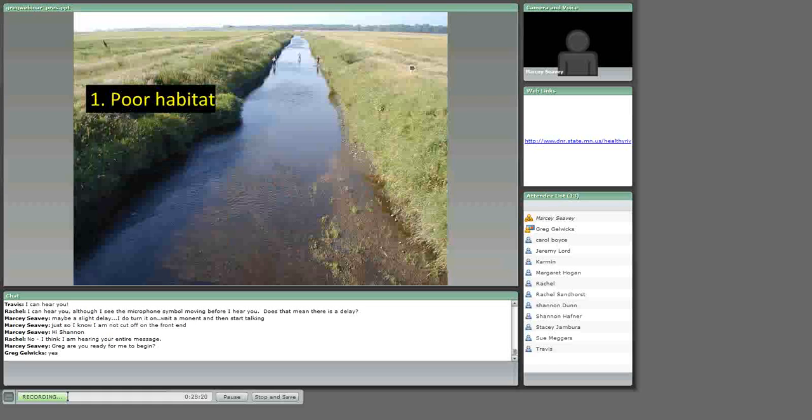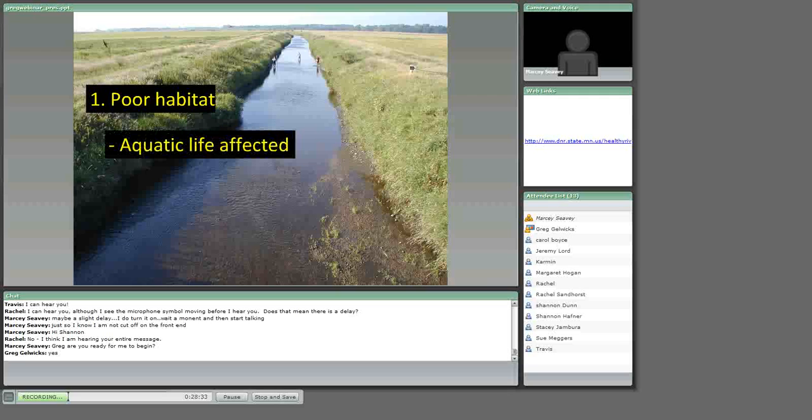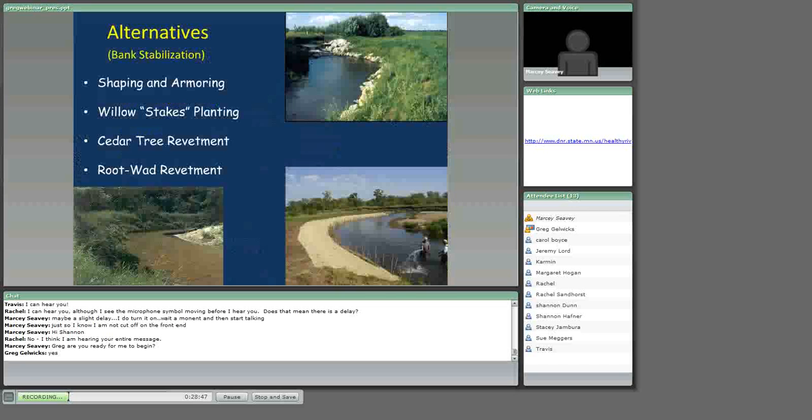And this is just one example. There's very little diversity of depth, velocity, or flow in a channelized system, and in turn there's low abundance and diversity of aquatic life in these systems. Some alternatives can deal with the erosion problems without having negative impacts on the stream.